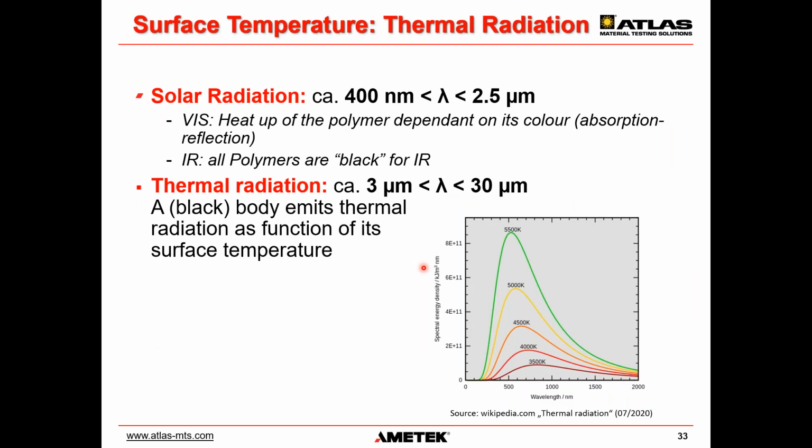And actually, let me go to this slide first. So we have the solar radiation coming in on the surfaces. However, there's also thermal radiation. Each body in the environment is emitting heat energy at a much longer wavelength range compared to solar radiation.